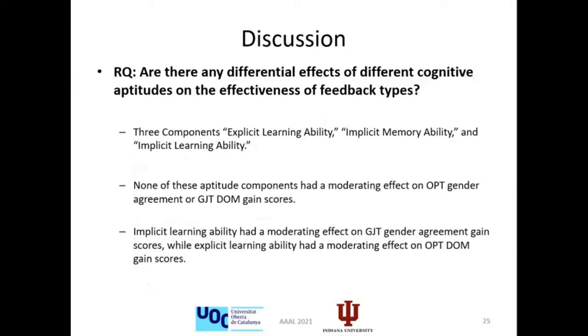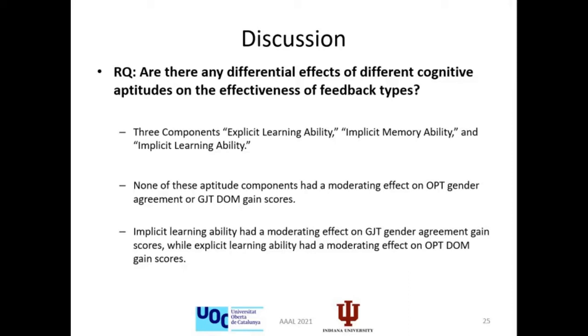So in this study, we asked, are there any differential effects of different cognitive aptitudes on the effectiveness of feedback types? We identified 3 aptitude components based on a factor analysis and labeled them as explicit learning ability, implicit learning ability, and implicit memory ability.